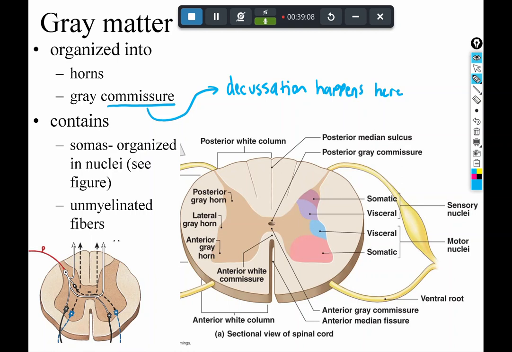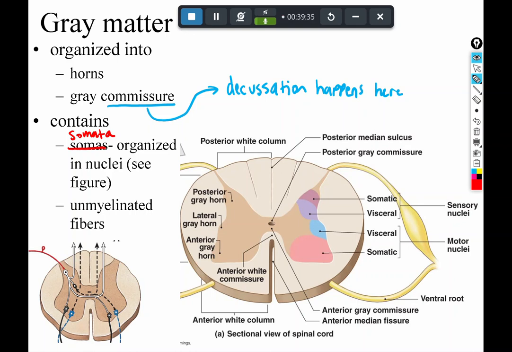So, what does the gray matter contain? Well, it contains the same stuff as the gray matter of any other central nervous system area, which are somas. Somata, that's the correct pluralization. And remember, somata are just neural cell bodies, and these are organized into groups according to their function.